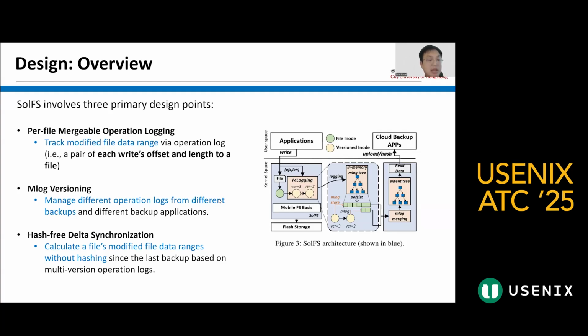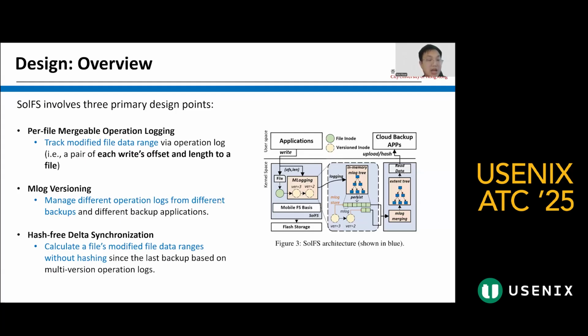And the second point is the mlog versioning. The mlog versioning allows us to manage the file difference between 2 backups, and especially when there are many different cloud backup applications running on the same smartphone, we can use mlog versions to accurately classify the different backup progress of different mobile cloud backup applications without interfering with each other.